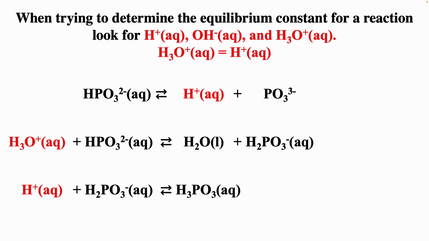When trying to determine the equilibrium constant for a reaction, again, we look for hydrogen ion, hydronium ion, or hydroxide ion. Again, please remember the hydronium ion and the hydrogen ion are exactly the same. And so here we have hydrogen phosphate losing the hydrogen ion, going to the hydrogen ion plus the phosphate ion. And so this is going to be the Ka of hydrogen phosphate.